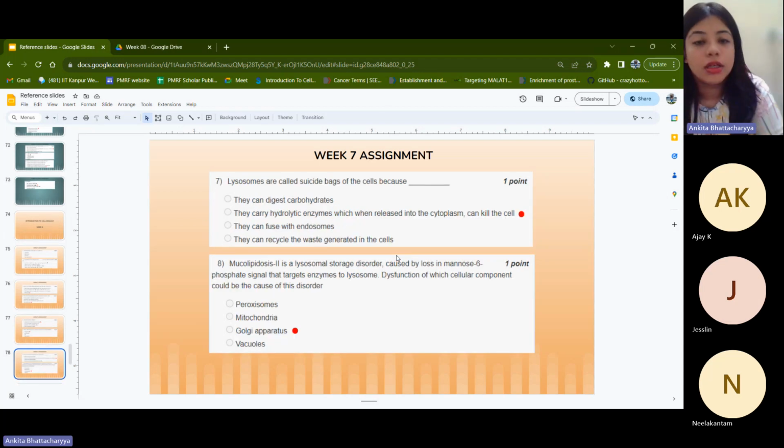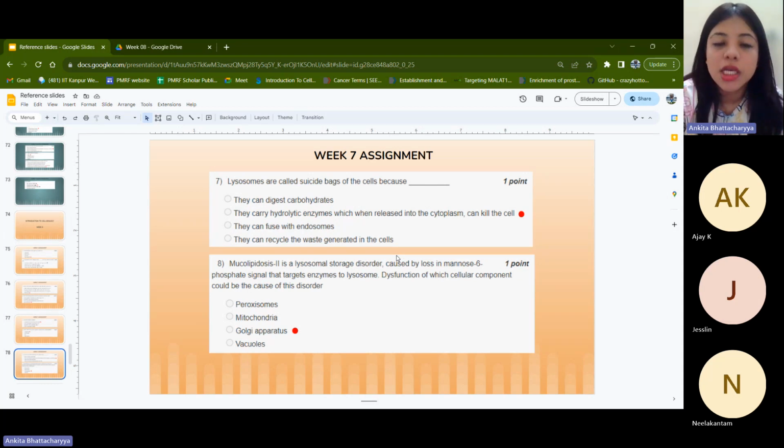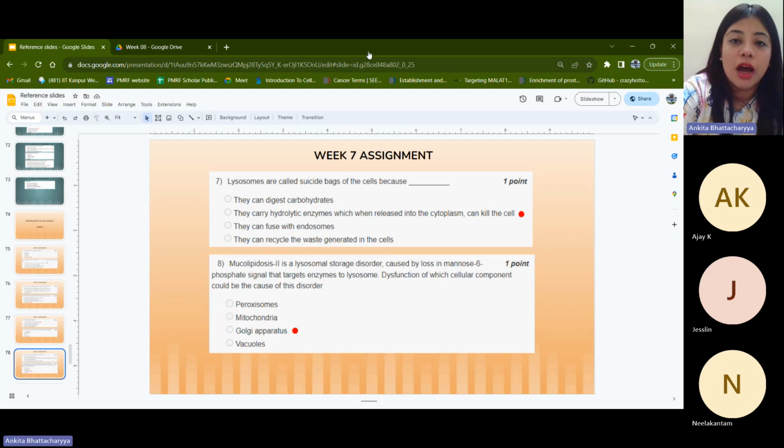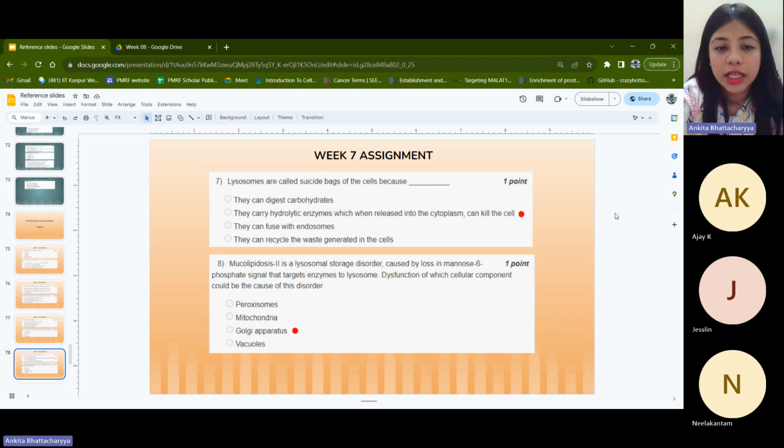In question 7, we were asked why lysosomes are called suicide bags of the cell: because they can digest carbohydrates, because they carry hydrolytic enzymes which, when released into the cytoplasm, are capable of killing a cell, or because they can fuse with endosomes and recycle the waste generated in cells. This was also discussed in the previous class.